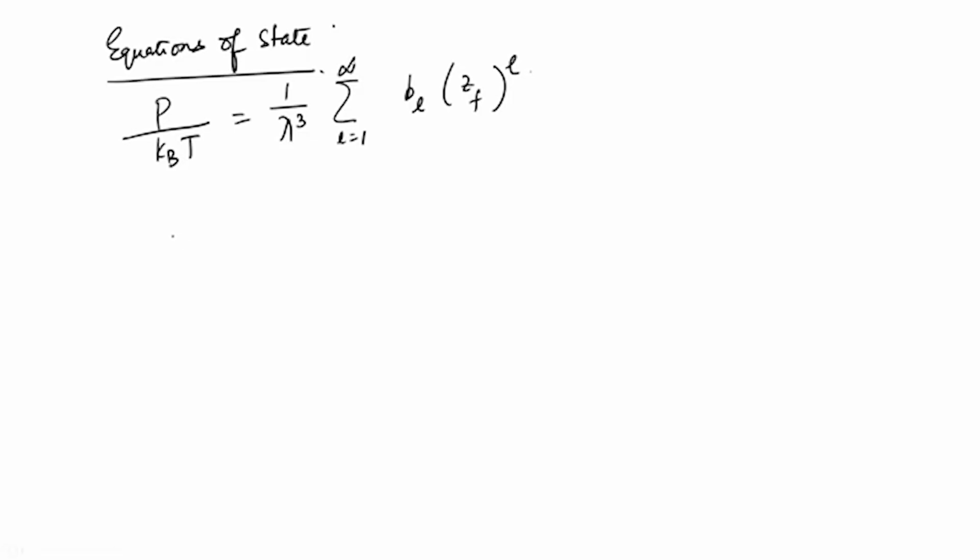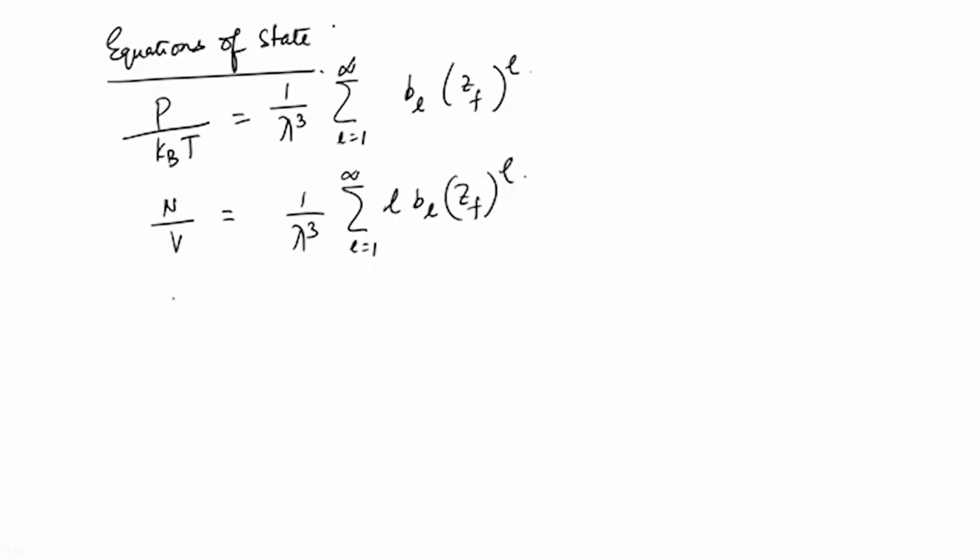and N over V is equal to 1 over lambda cube, sum over l equal to 1 to infinity, and you have l b_l and zf to the power l. Okay.